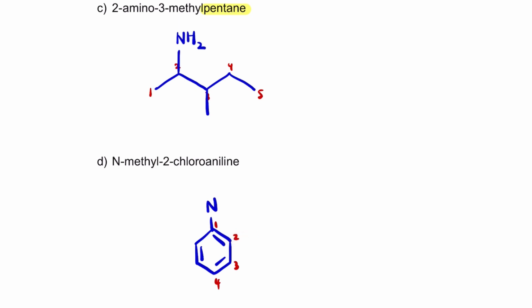So I'm going to put bond kepada chloro. And then kita ada N-methyl. N-methyl maksudnya dia attach kepada this nitrogen. So tarik dulu bond, letak CH3 untuk methyl. And then satu lagi bond untuk this nitrogen, dia akan attach kepada hydrogen. So you got your structure for D.